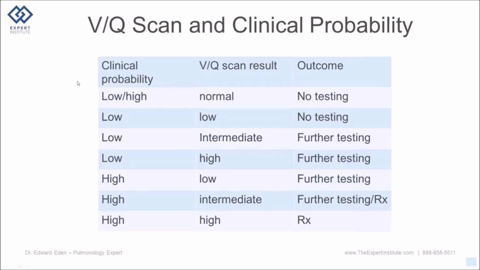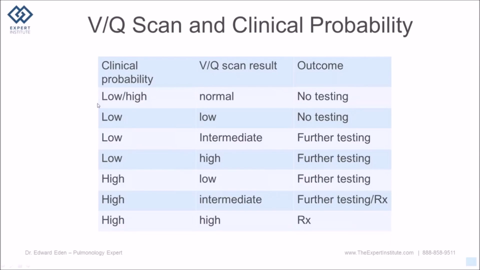And the interpretation of the VQ scan depends on clinical probability, that is, a priori clinician clinical probability, which ranges from low to high. The VQ scan is very good at ruling out pulmonary embolism. So with a low or a high clinical probability, a normal VQ scan result suggests no pulmonary embolism and no testing is required.